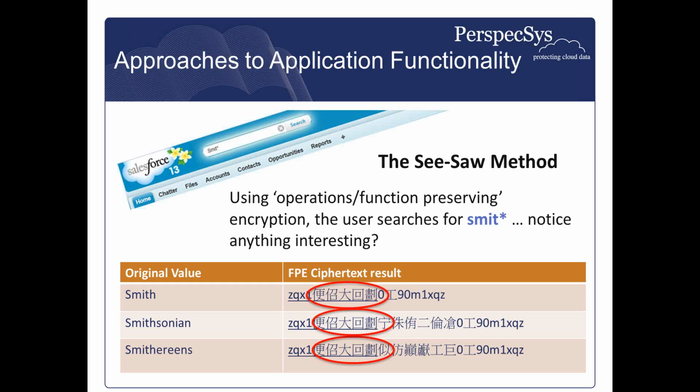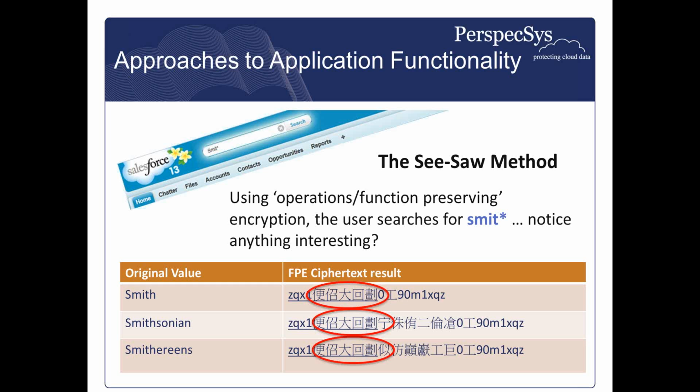It's applied with a pattern that eliminates randomness and is, to a certain extent, deterministic in its output. The example on the screen shows, as examples only, Smith, Smithsonian, and Smithereens. You'll notice that the ciphertext all has a similar character pattern, and that's designed that way on purpose.